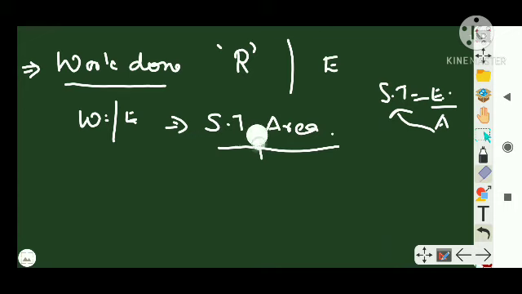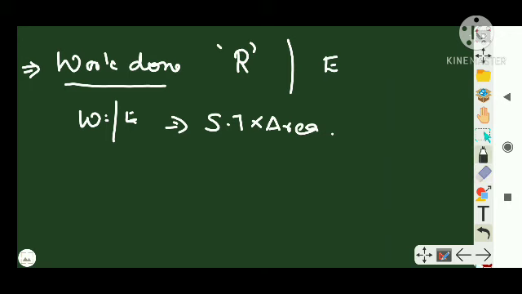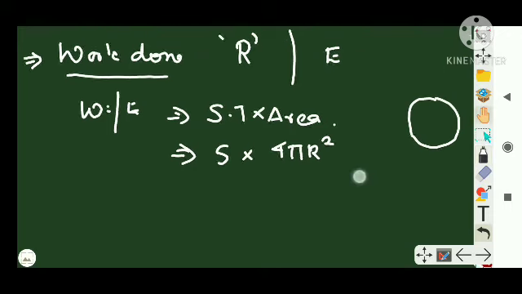Similarly, it's a liquid drop, which has a surface tension that I'm taking as S. Area is what? 4 pi r squared. Drop, we usually take it as a spherical form.